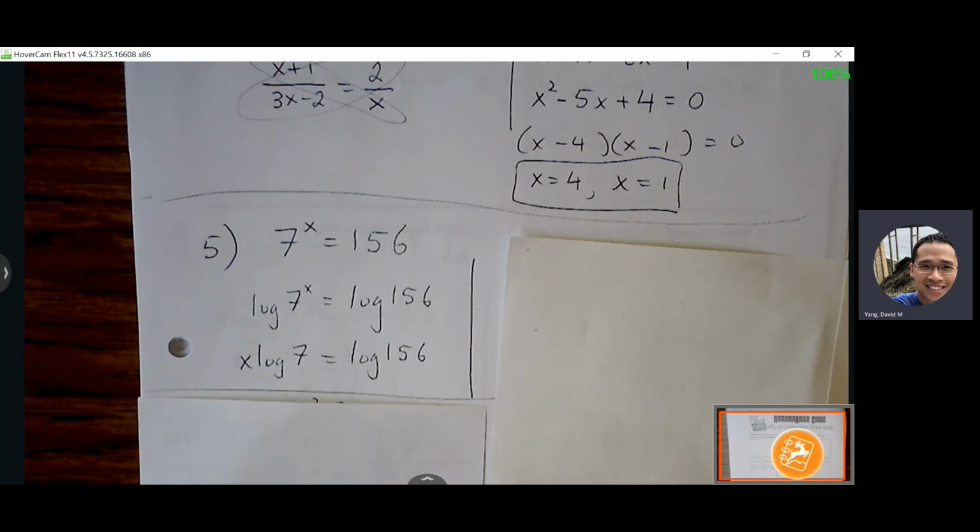And now it just becomes a multiplication division relationship, right? Divide both sides by log 7, then have the calculator find the decimal value for you. And also with exponential functions, you don't have to worry about extraneous solutions. You only have to worry about extraneous solutions if your equation starts off with log. Here, whatever answer we get is going to be valid.